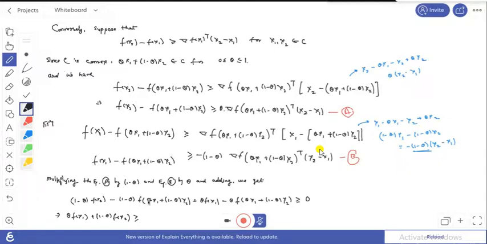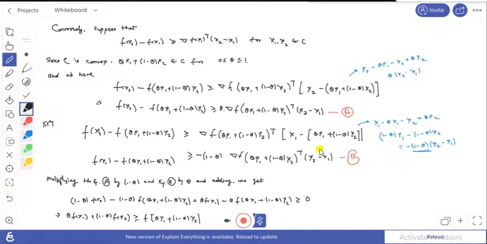Multiplying by minus 1 plus theta, and plus theta and minus theta cancel out, so simply the minus term goes to the right hand side. This is f of theta x1 plus (1 minus theta) x2.